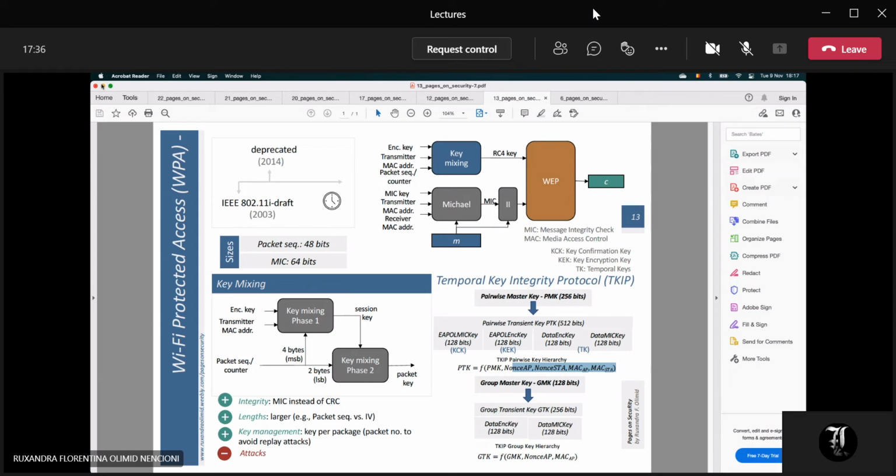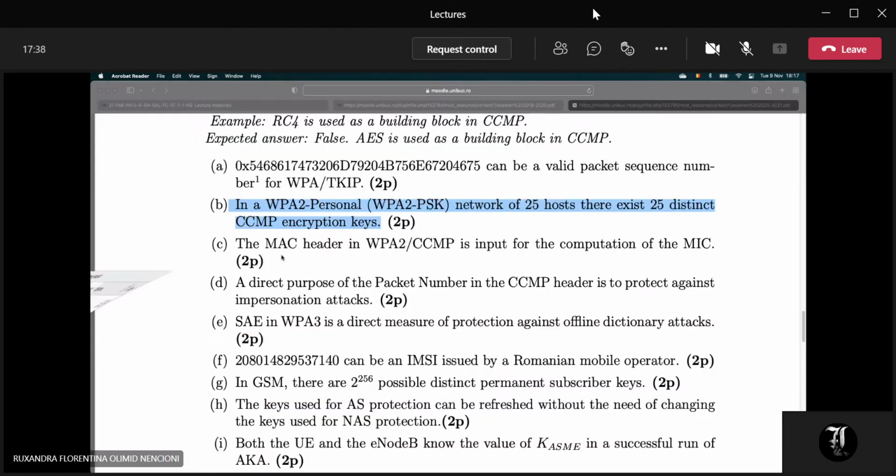So I would put it false, not because there are not 25 distinct ones, there are 25 distinct ones that are one-to-one, but we also have the group keys. So we have at least 25 plus 1 if we consider a single group key.